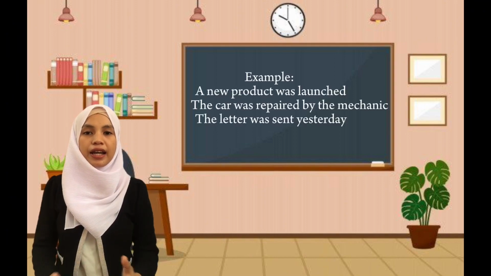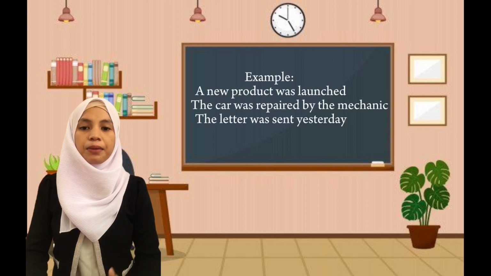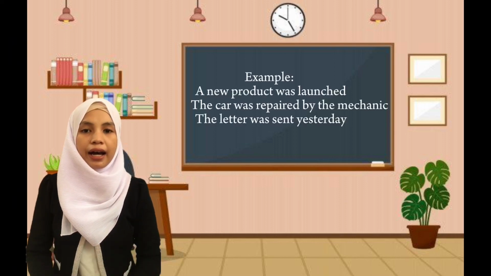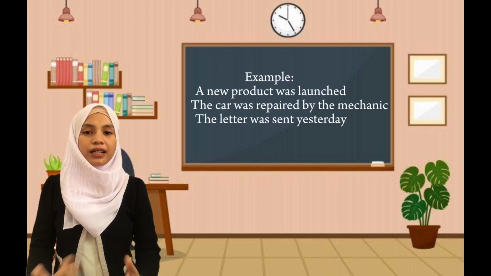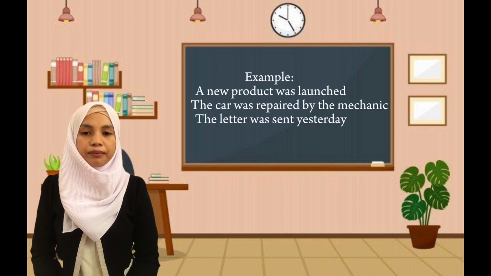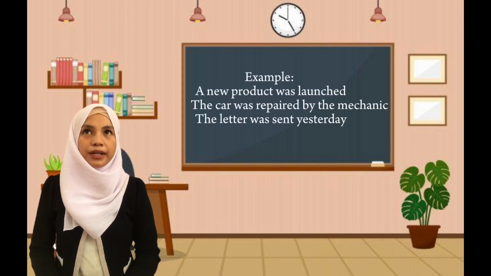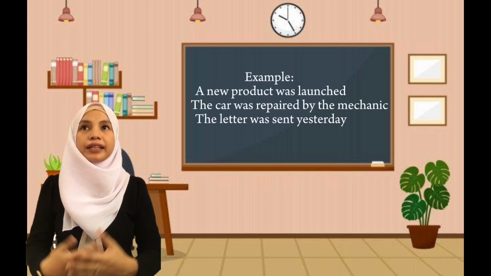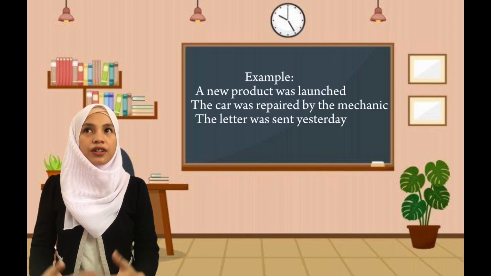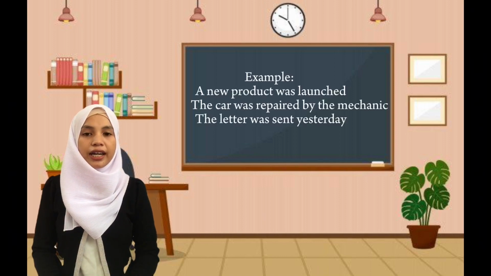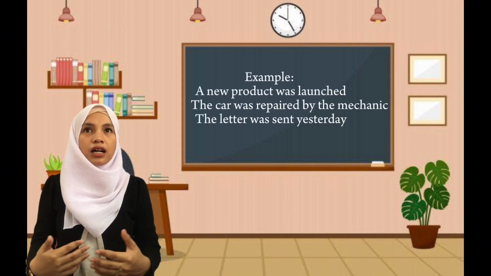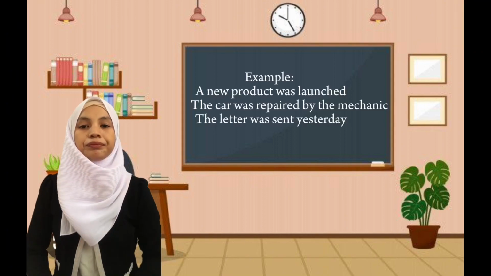Let's proceed to the number 2 example. The car was repaired by the mechanic. Where do you think, class, is the subject? Okay, very good. The car is the subject who is not performing the action of repairing, but instead the car is the recipient of the action, and the focus is on the fact that it was repaired by the mechanic.